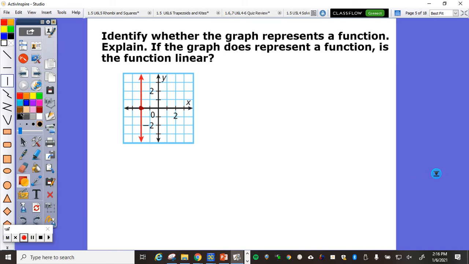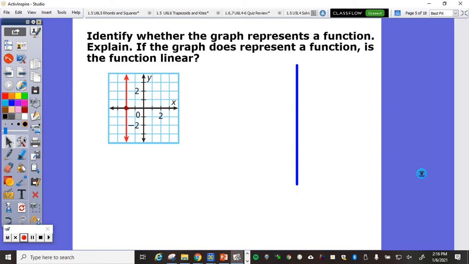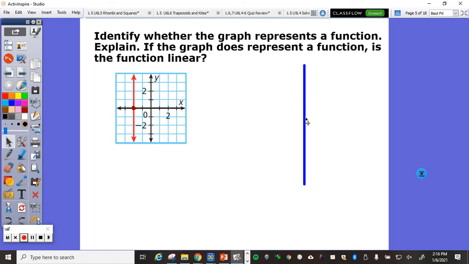Is this a linear function? If I take this vertical line, at any place along this function, does it hit the graph at more than one place? Yeah, right there. Think about that for a second. If I take this vertical line and put it over a vertical line, it hits it at every place.